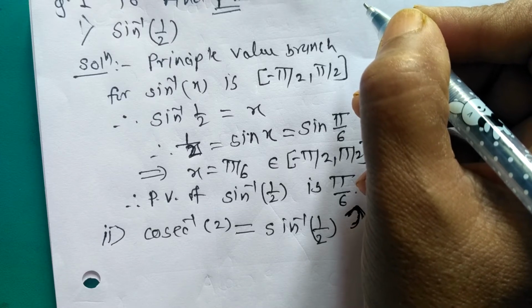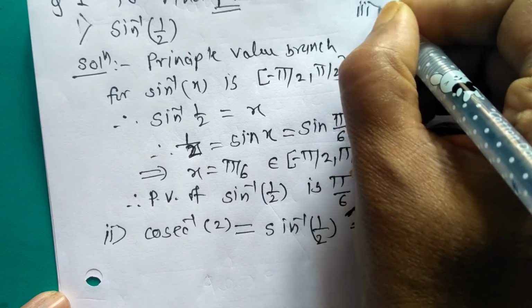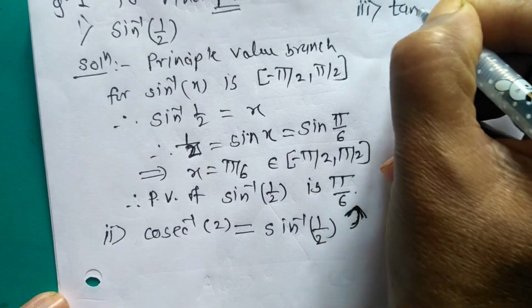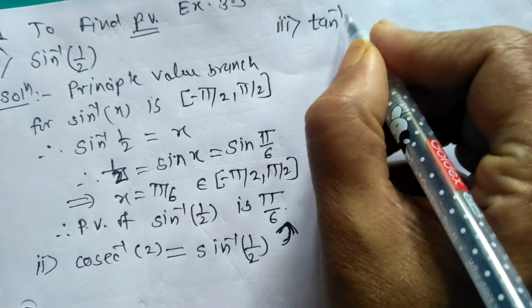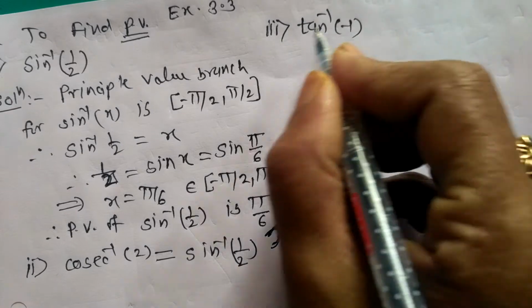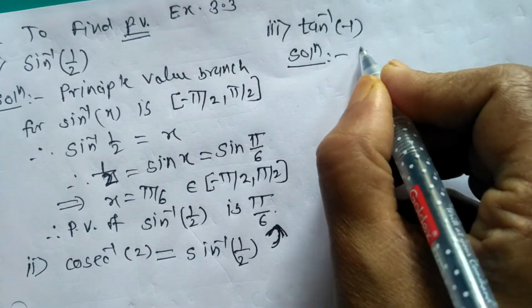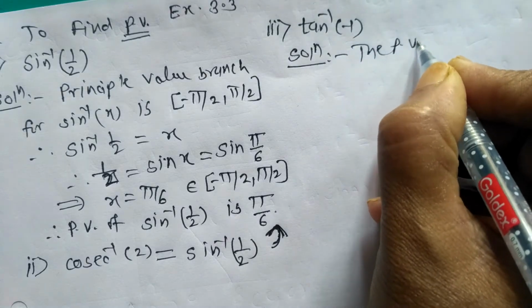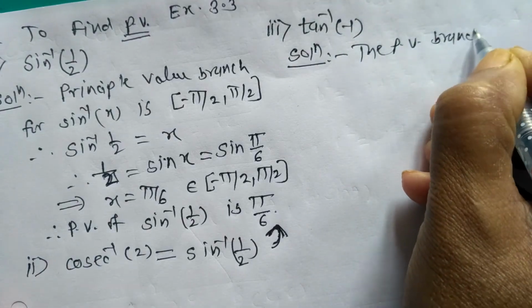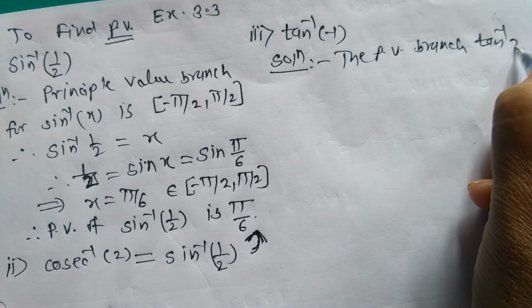Now from your exercise we take one more question, the third, for the function tan inverse of minus 1. For this function we again use the principal value branch for the inverse function tan inverse x.